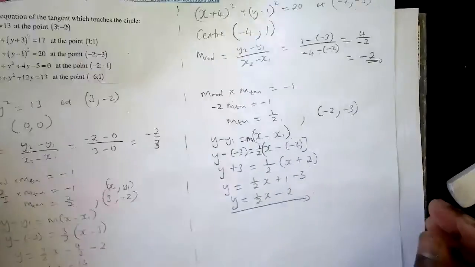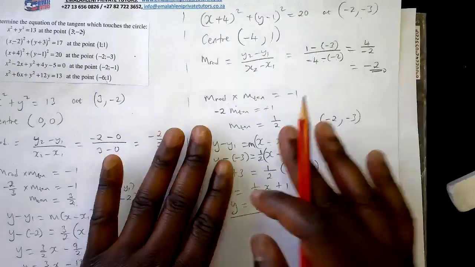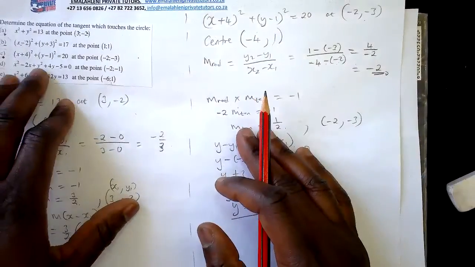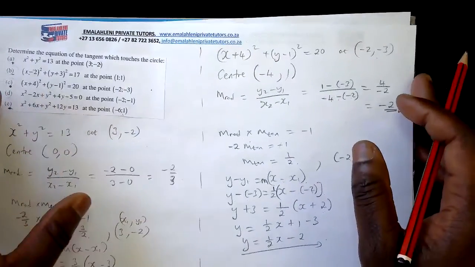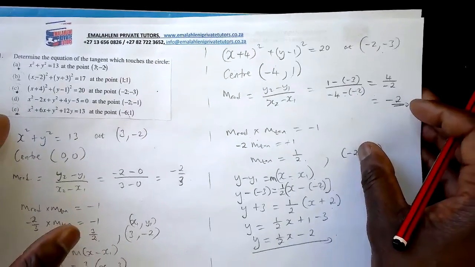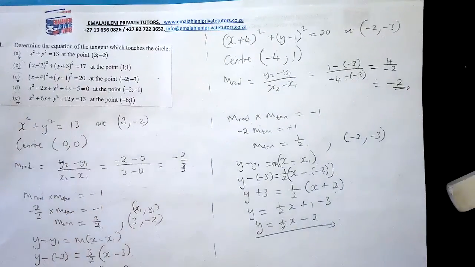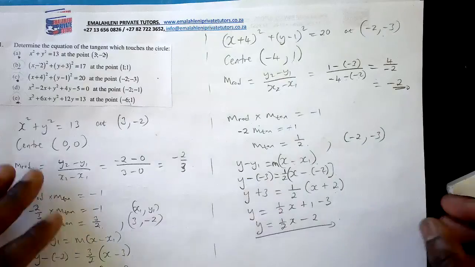Okay, that's what you need to understand. When it's given in this form and you can't extract the center quickly, you need to do completing the square to write the equation of the circle in the form (x minus a) squared plus (y minus b) squared equal to r squared.